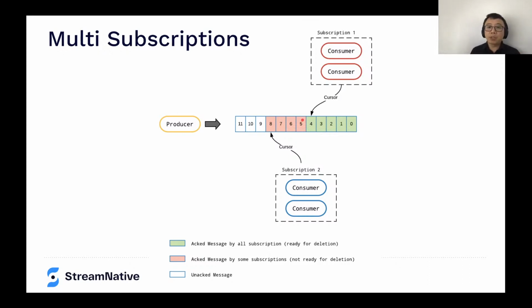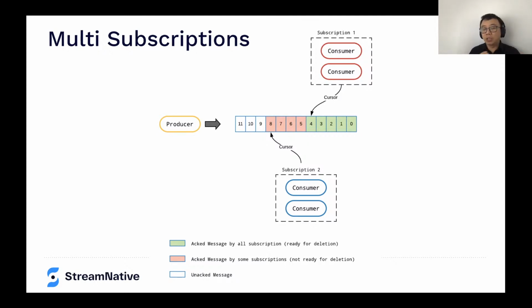But for messages from 5 to 8, only subscription 2 confirmed that it processed them, and subscription 1 doesn't confirm that it has processed 5 to 8. That means the messages from 5 to 8 are acknowledged by only some subscriptions. That means those messages are not ready for deletion.